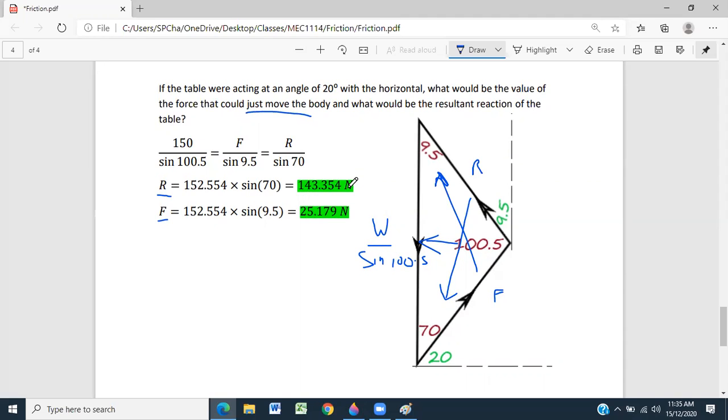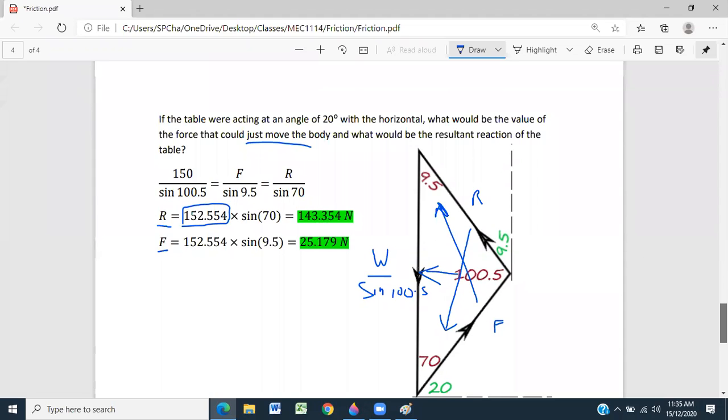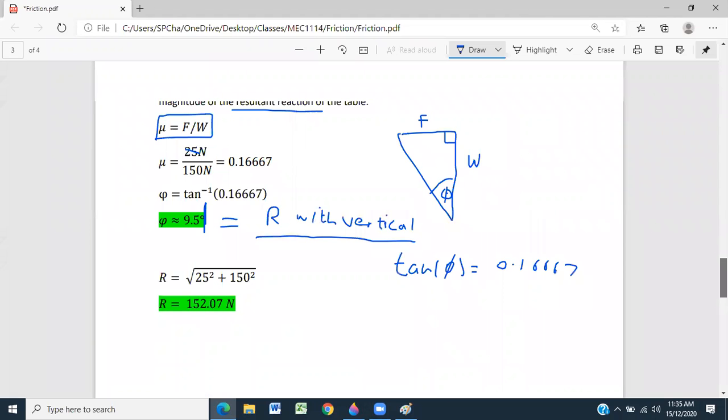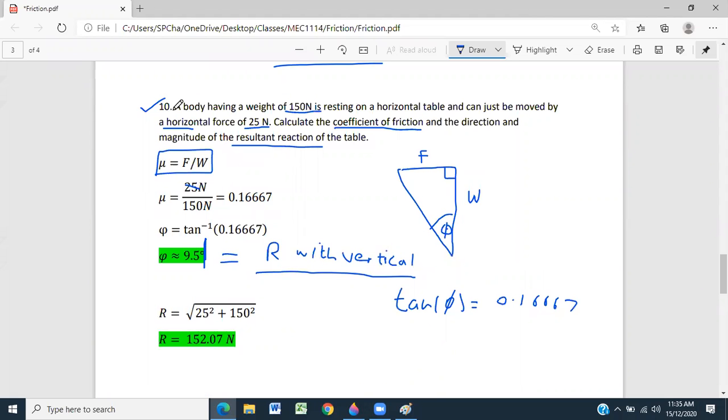Now one question, so I get 150. It's 152.544. Here? No, the 150 over sine 100.5. The 150, sir. Oh, okay. A body having a weight of 150 is resting.